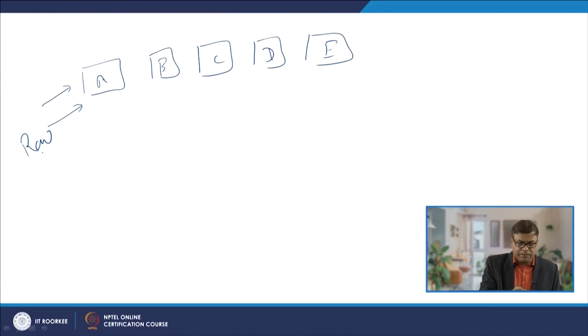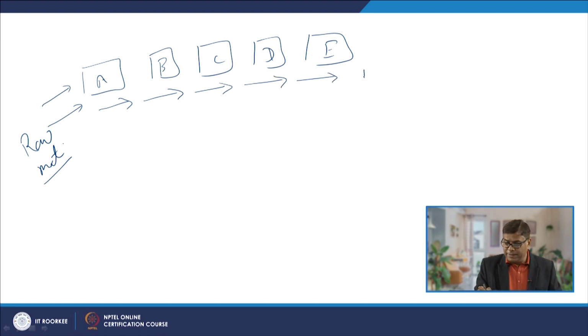So, the typical arrangement used here is a set of facilities, like station A, station B, station C, station D, station E. The raw material is fed in, and after getting processed through the different stations, at the end we get the final product.